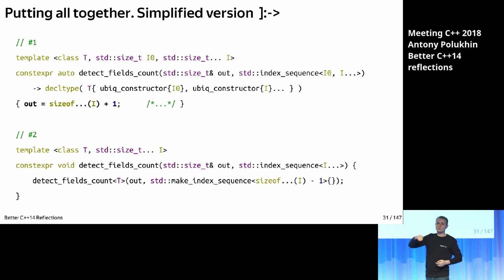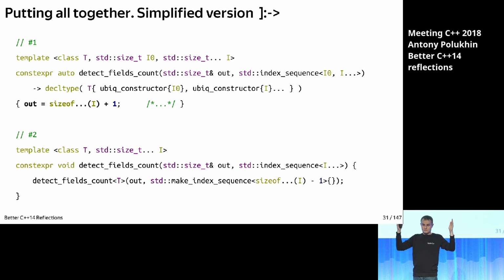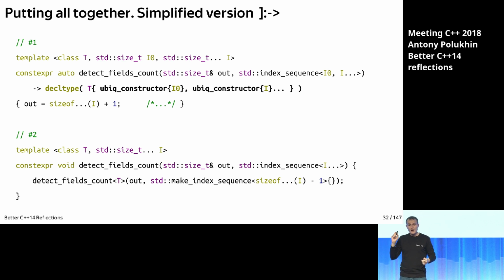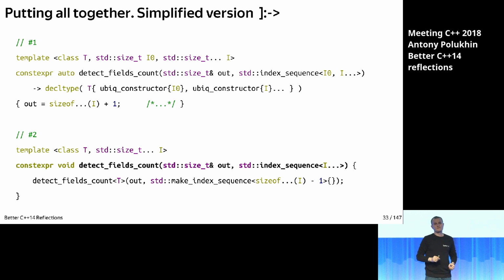We go into the body of the function, and from there, we put the fields count into the output variable out. Otherwise, if the expression failed to compile, the compiler will think, this is a substitution failure. It's not an error. I just need to use a less specialized function. And the compiler will use the second function.